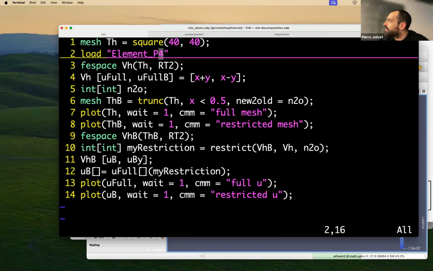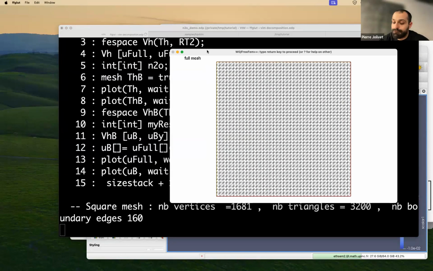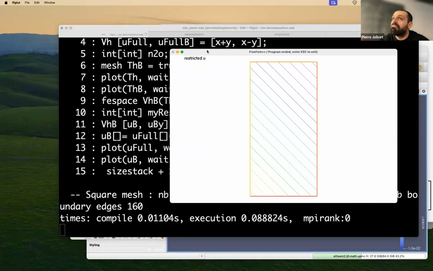It's a mixed element. It should work. If it does not work, it means that there is a bug in the finite element itself. The function restrict is just a map between the kernel of the finite elements. And so if there is a bug, it means that there is a bug in the finite element itself.